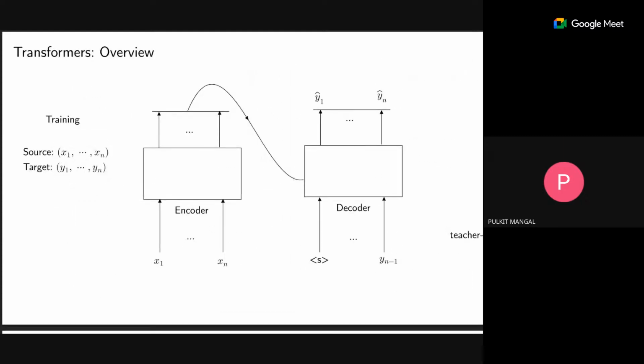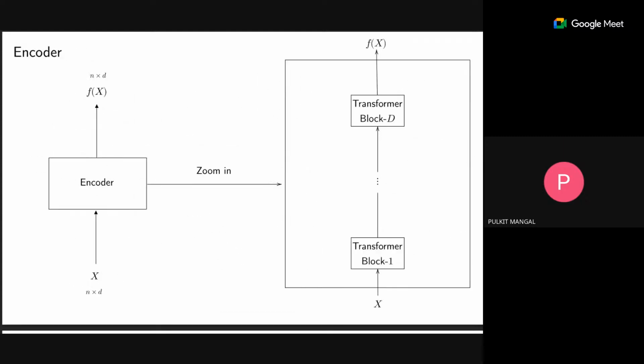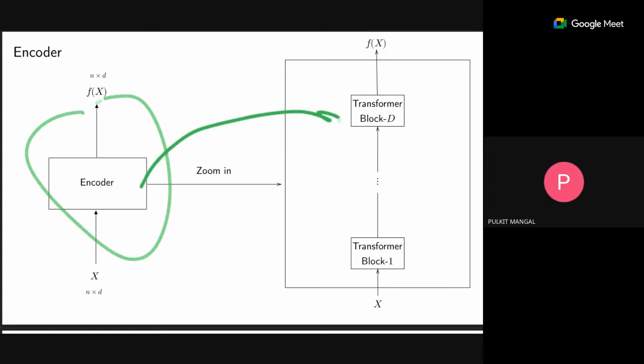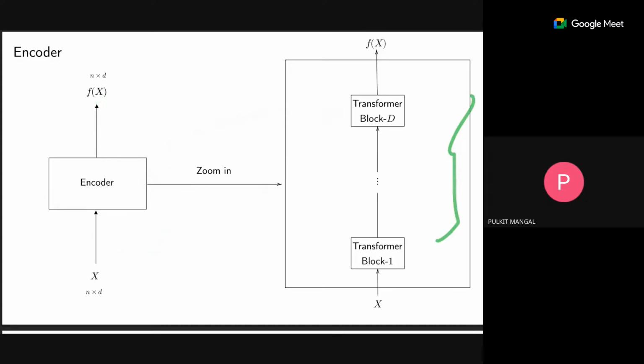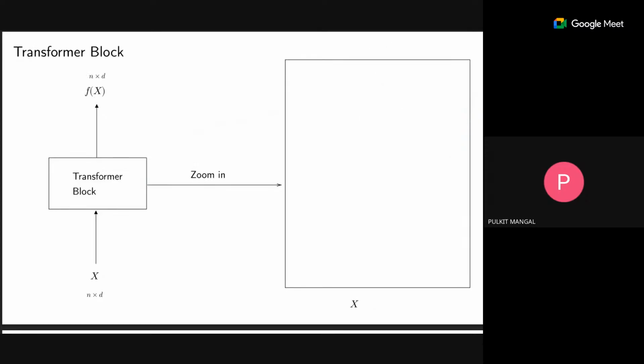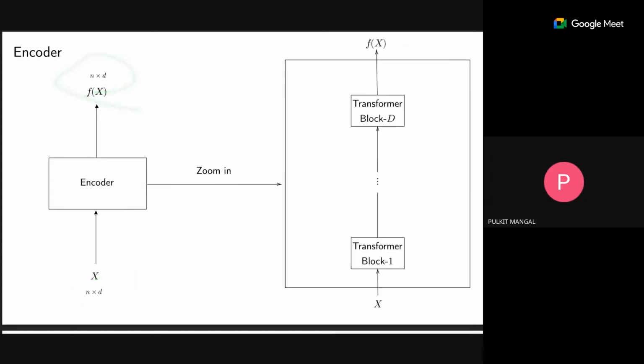Things might get a little bit complex here. So we started off with this encoder, in which we have D transformer blocks. In each transformer block the input will be n cross t, and the output will also be n cross t. So the final output of this encoder will also be n cross t.